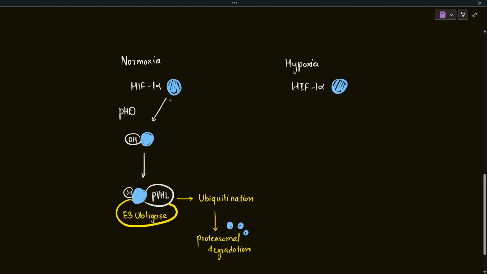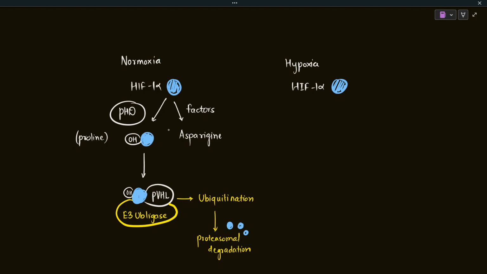Okay, but there are certain other factors which are going to, instead of doing the hydroxylation of proline residue, so PHD enzymes do the hydroxylation of proline residue, but the hydroxylation of asparagine residue is also done by some other enzymes.